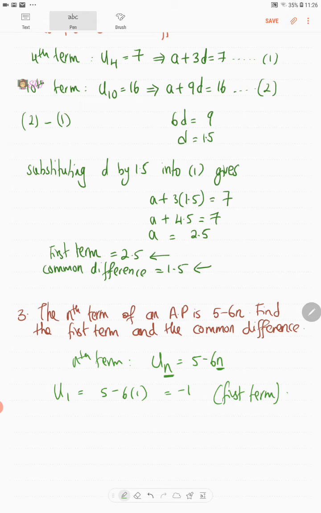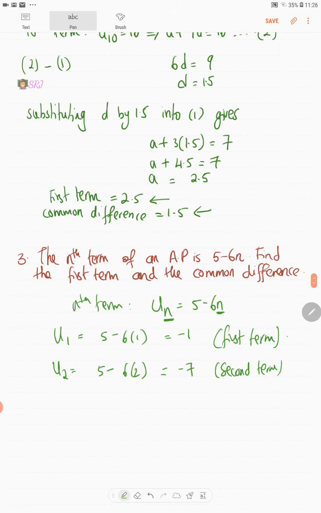Now to obtain the common difference, we must find the second term, u2. u2 will become 5 minus 6 times 2. So we replace n by 2. We obtain -7. So this is the second term.